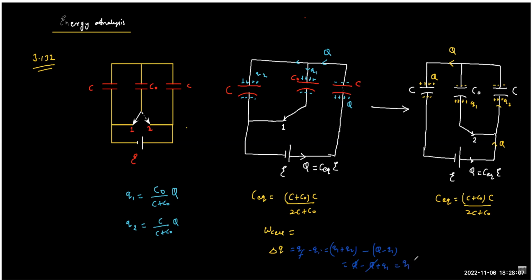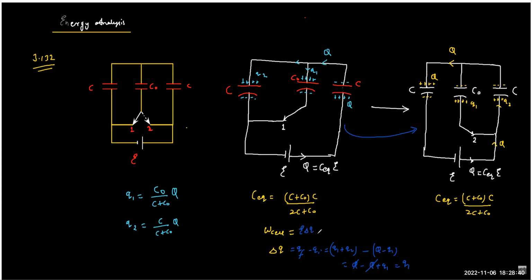So to get this new configuration, how much charge must the cell have supplied? Going from this configuration to this configuration, how much charge does the cell need to supply? Q1. Once we know the charge supplied by the cell to attain the new configuration with respect to the previous configuration, work done by the cell is defined as E delta Q.